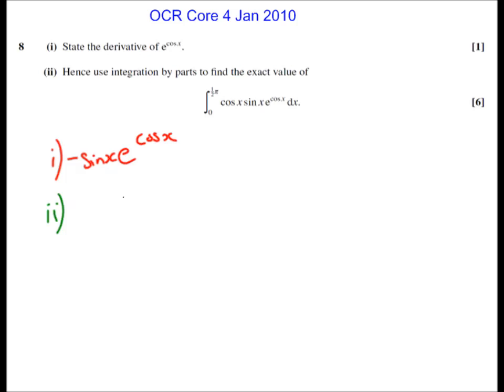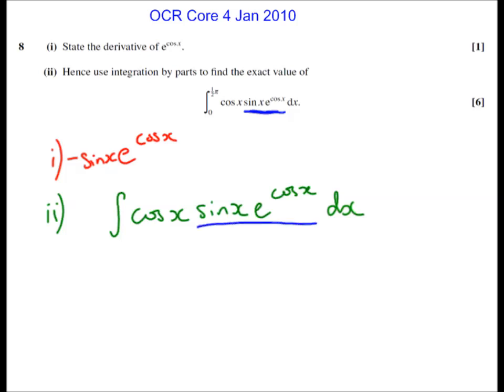Well, this is going to be an integration by parts question, and then just for extra difficulty, we're going to have to do recognition within it. So because I know how to integrate this, I've spotted that this part is an integration by recognition.